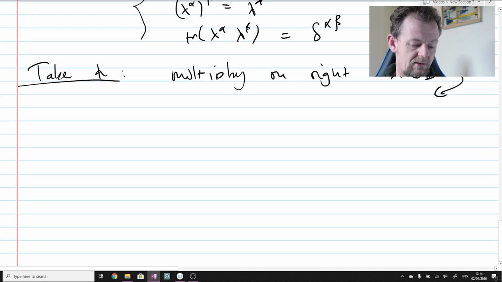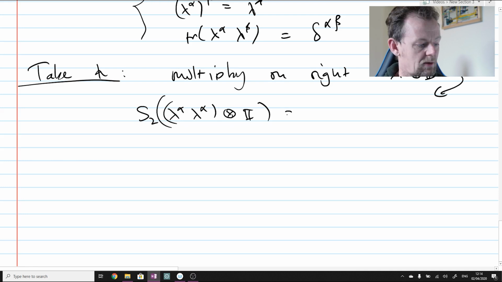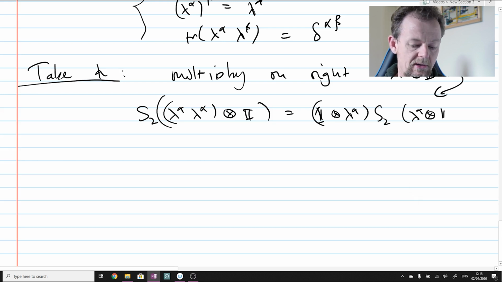Then we end up with the following equation that's certainly true, namely lambda alpha tensor times lambda alpha tensor the identity equals the identity tensor lambda alpha times S2 times lambda alpha tensor the identity.